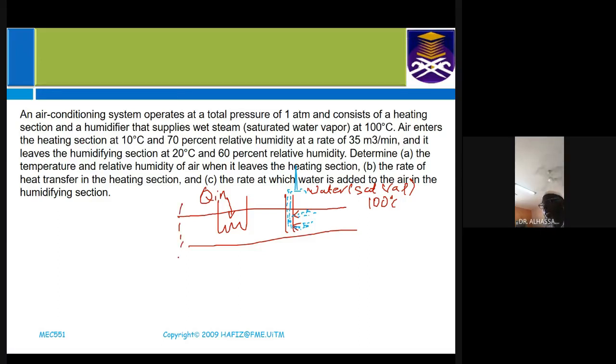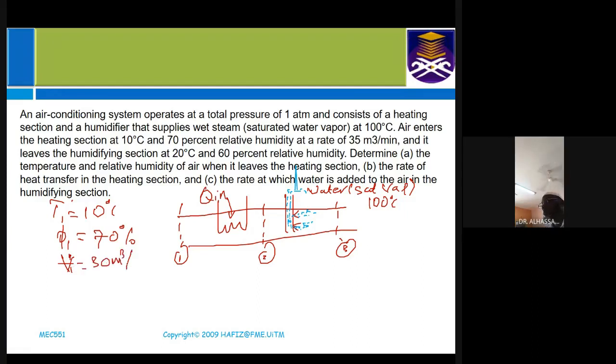Let's say this is state 1, then we have state 2 and state 3. So T1 equals 10 degrees Celsius, relative humidity 70%, at a volume flow rate V1 equals 30 meter cubed per minute.